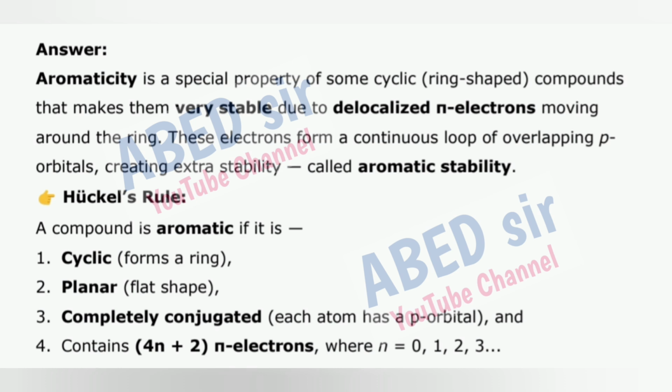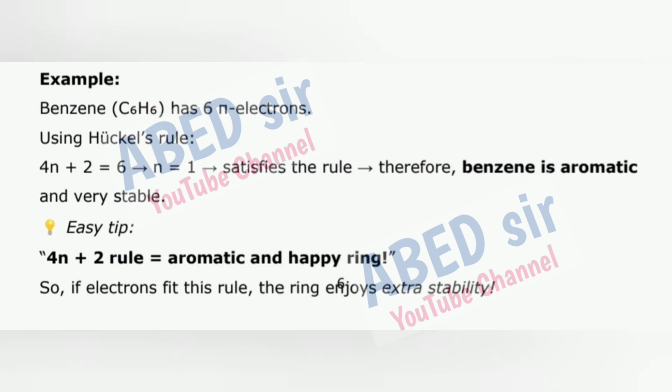Huckel's rule. A compound is aromatic if it is 1. Cyclic, forms a ring. 2. Planar, flat shape. 3. Completely conjugated, each atom has a p orbital, and 4. Contains 4n plus 2 pi electrons, where n is equal to 0, 1, 2, 3. Example.